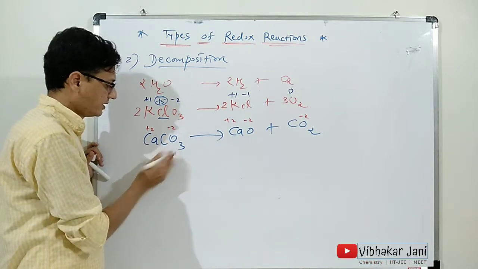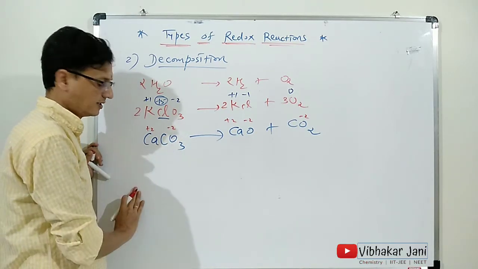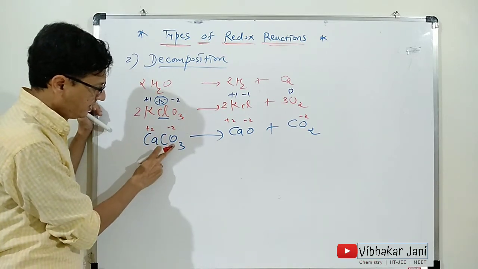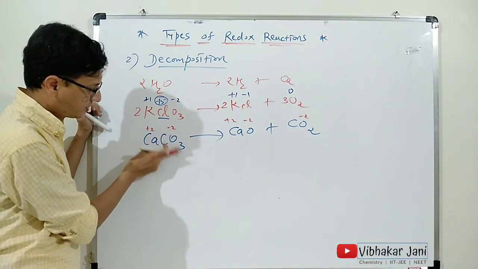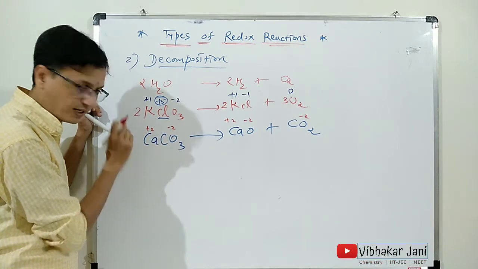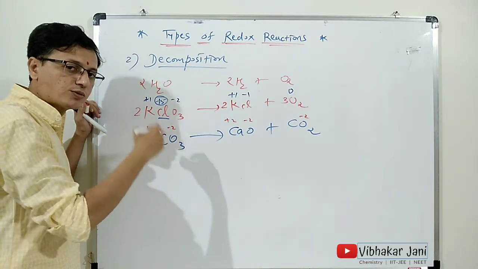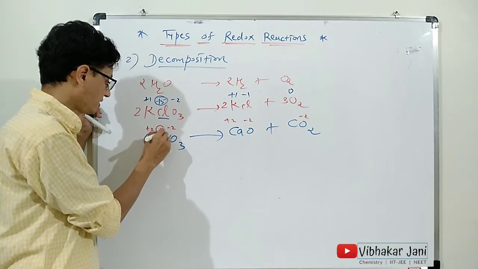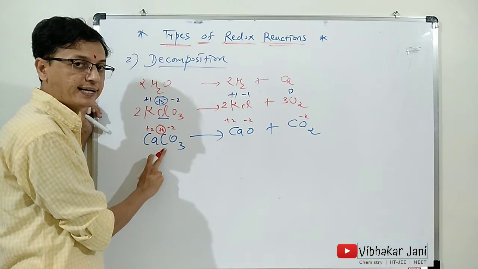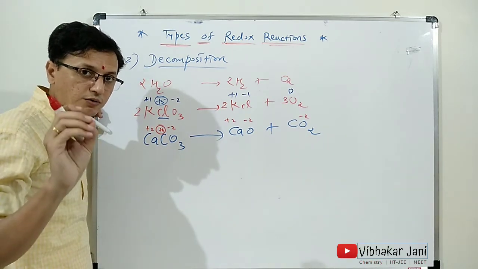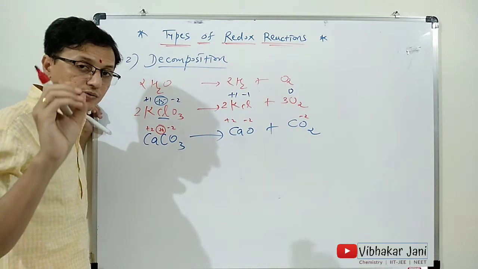Now only carbon is left. Let us count the oxidation state of carbon. Here, oxygen having -2, we have 3 such oxygens, so it will give us -6. -6 plus 2 is -4. If that -4 goes to the other side of the equal sign, it will give us +4. So the oxidation state of carbon is +4 in calcium carbonate. Now you know very well how to count the oxidation state of any element.